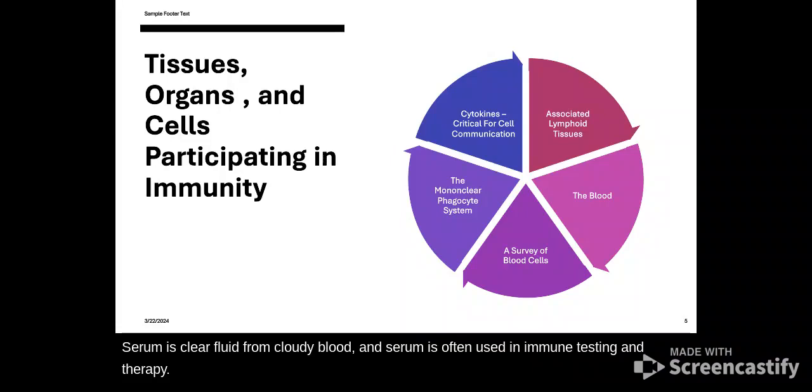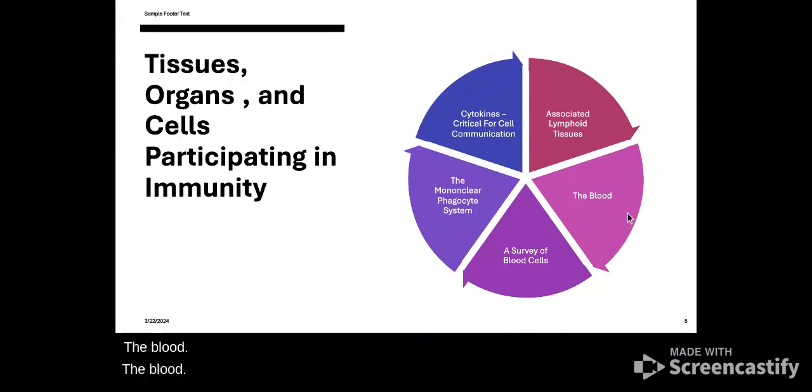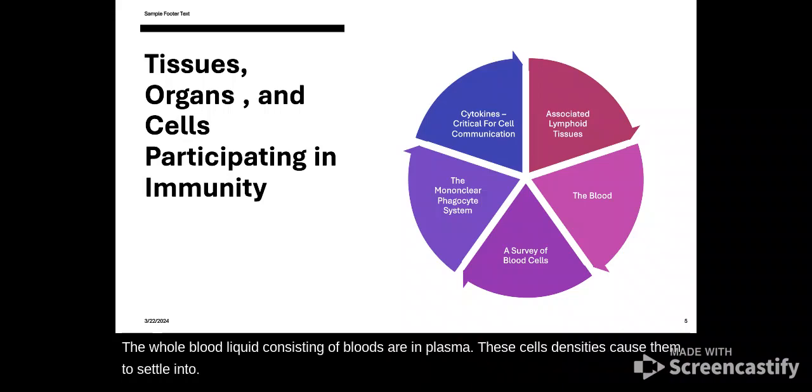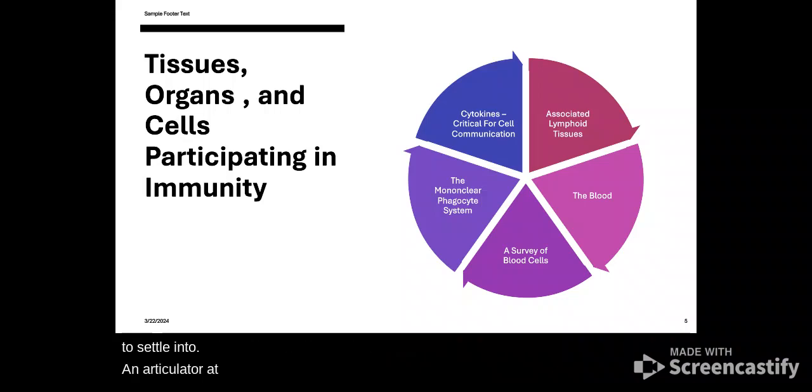The blood, the substance that travels through arteries, veins, and capillaries, is a whole blood liquid consisting of blood cells in plasma. These cells' densities cause them to settle into a layer at the bottom of the tube, leaving behind plasma.